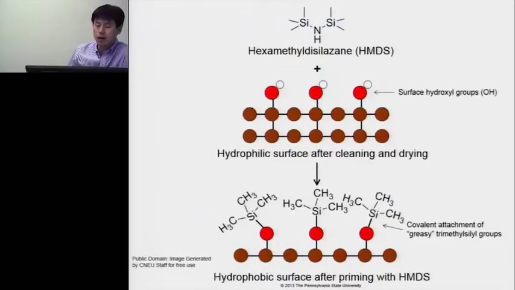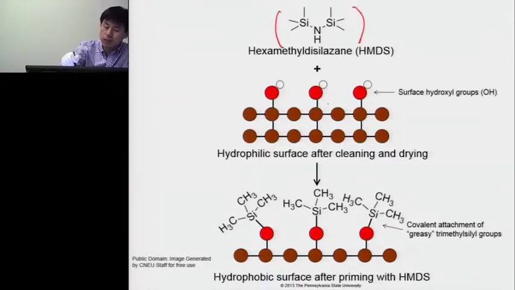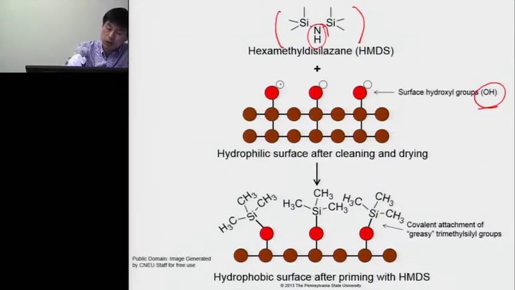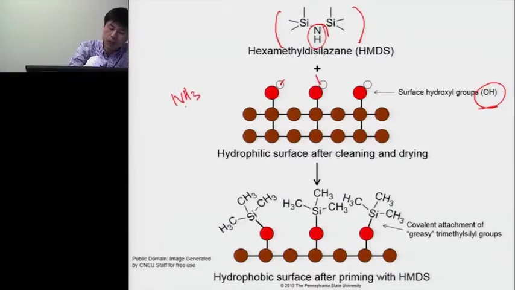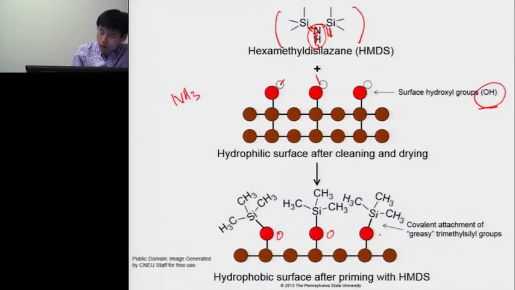So this is how HMDS works. This is the HMDS molecule. When these molecules see the OH bond on the silicon wafer, the NH steals the hydrogen and makes ammonia. So this bond is removed, leaving one free bond over here and another free bond over here, and this bond is directly connected to oxygen.